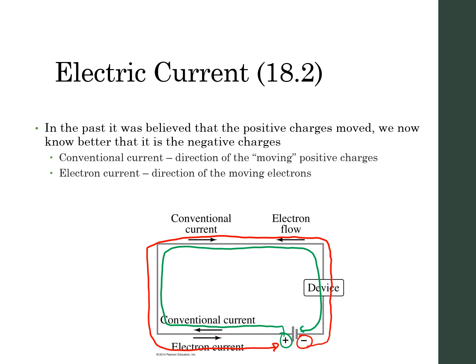That is the only difference between them. Conventional is going to flow one way. The electron flow, or the electron current, is going to be the exact opposite direction. And there'll be a couple of different ways we can see that moving forward when we get into circuits, but again, that's not our problem today.